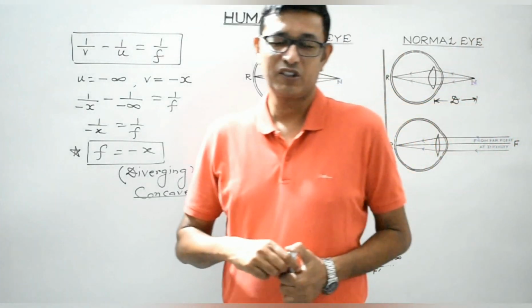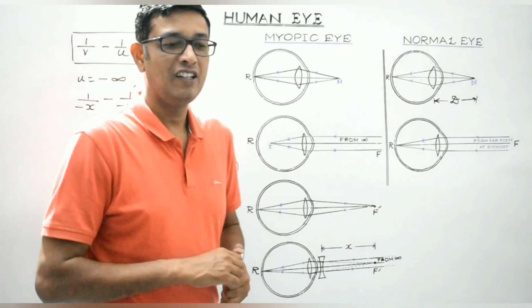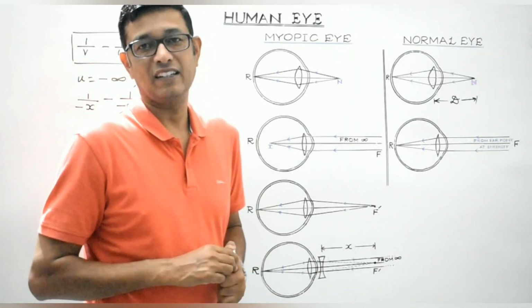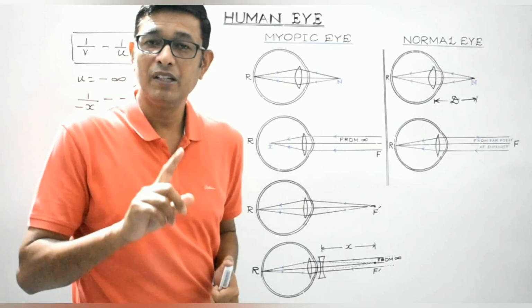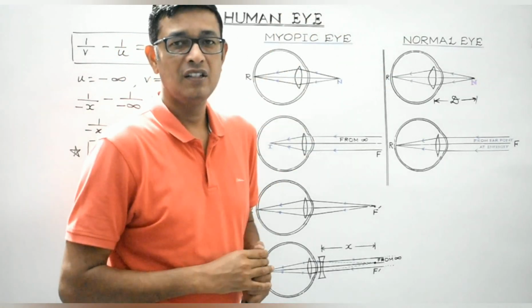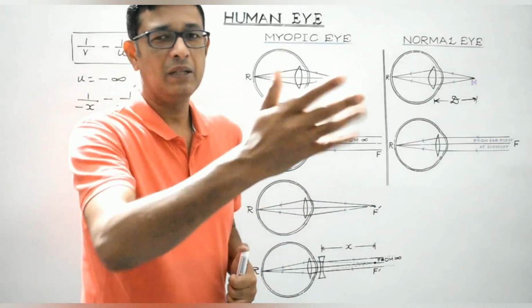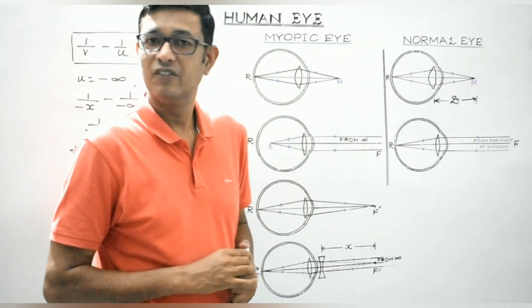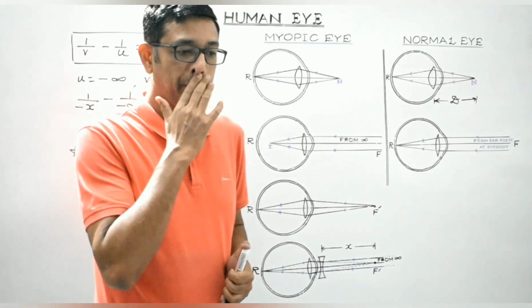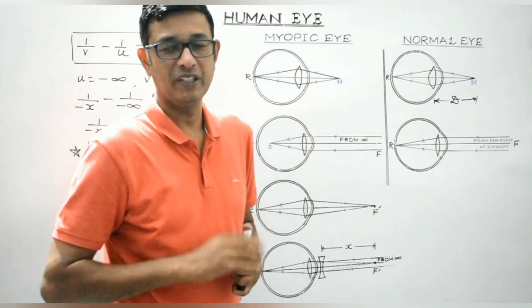For example, students, I'll give you a simple illustration, giving my own example actually. I'm myself wearing spectacles, right? I'm unable to see the distant objects clearly beyond a certain distance. Beyond a distance of 200 centimeter, I'm unable to see the objects clearly. Clear, students? And I'm able to see clearly the nearby objects.